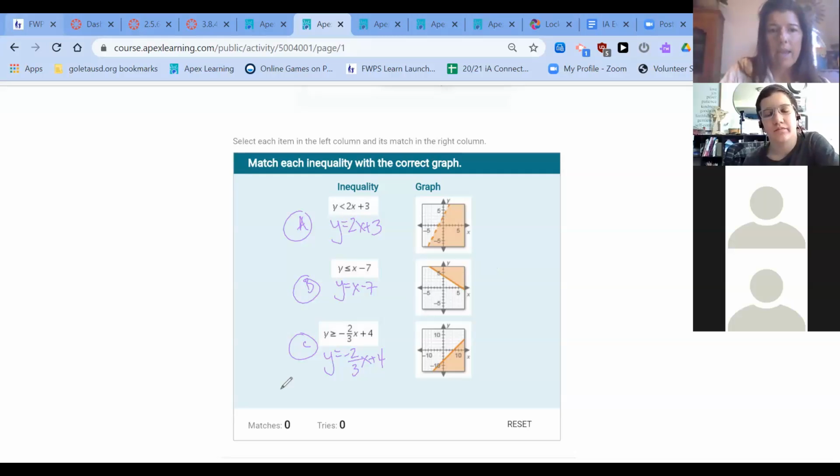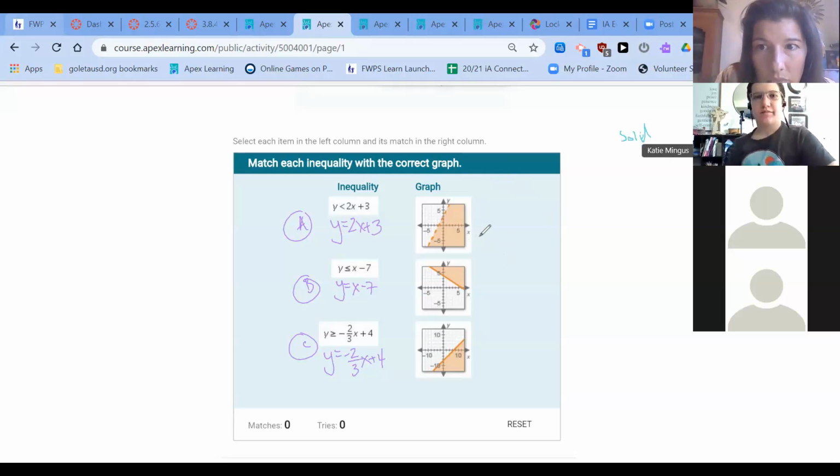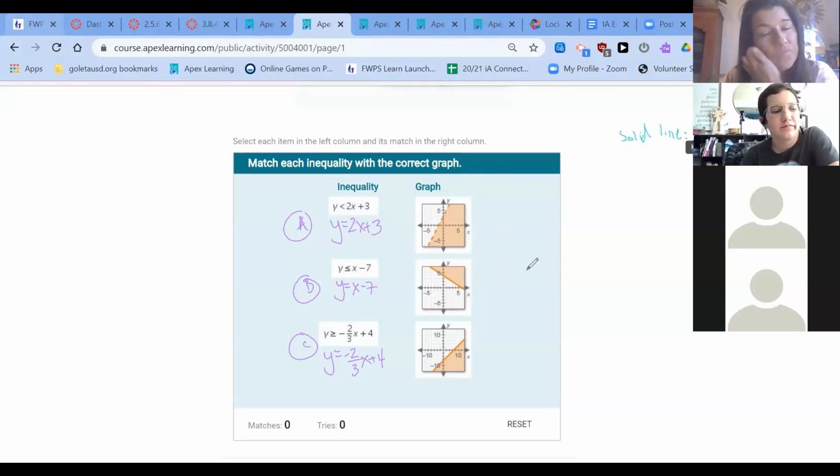The first one. The one that's across it. So a y-intercept of 3. Yes.